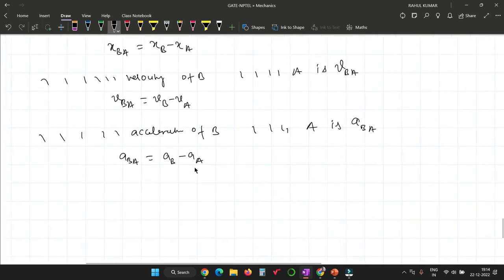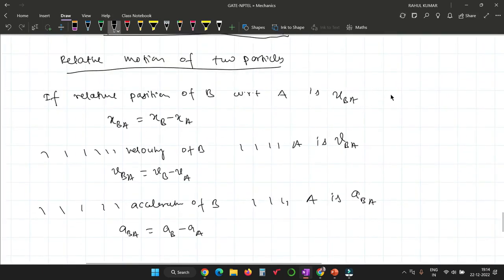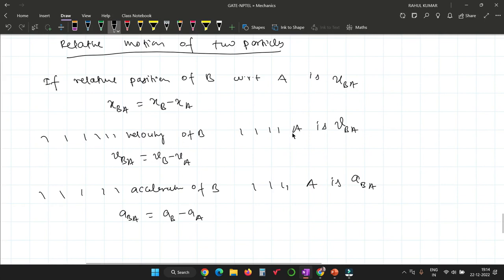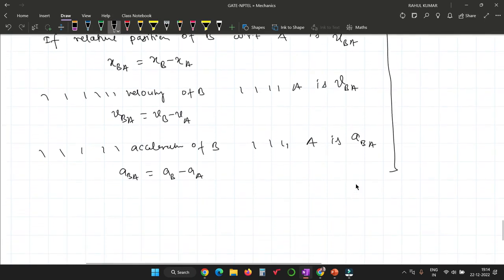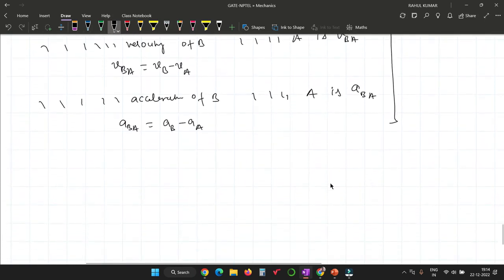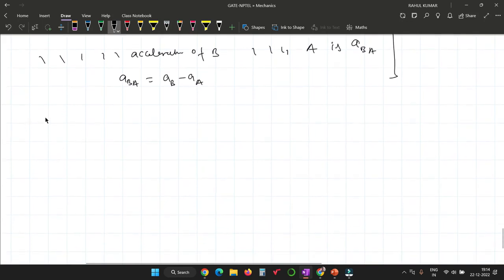So this is the main fundamental thing of relative motion between two particles. I will discuss this in a broad manner later, but before that, I will talk about this.